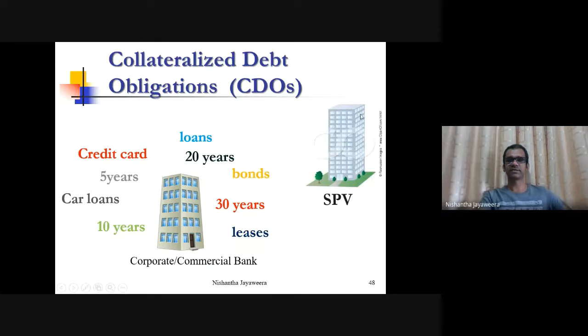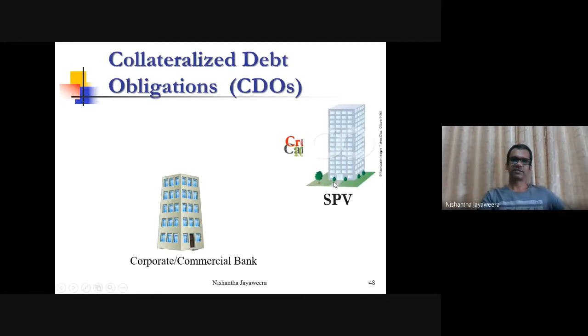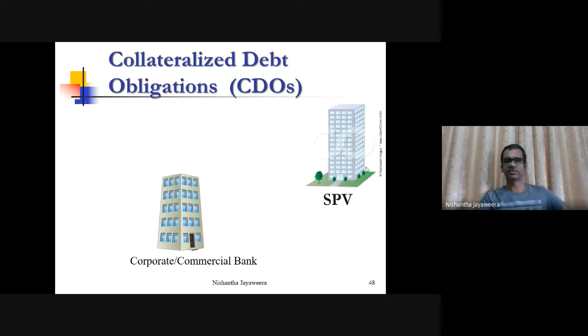However, this is the structure. The bank creates another entity called a special purpose vehicle or special purpose entity. Then they transfer all assets to this special purpose vehicle. The special purpose vehicle has to pay the commercial bank, providing the amount.